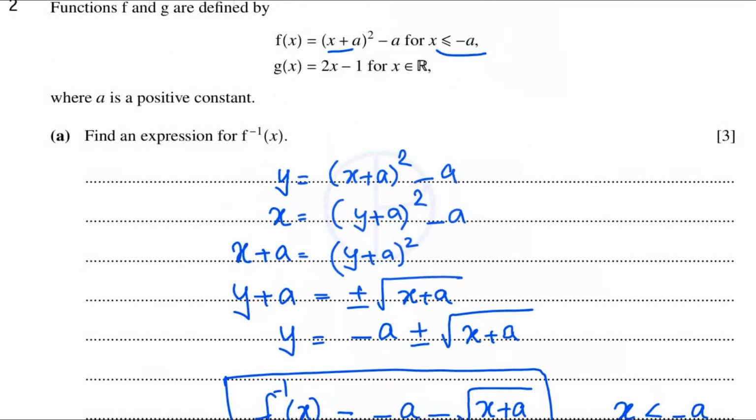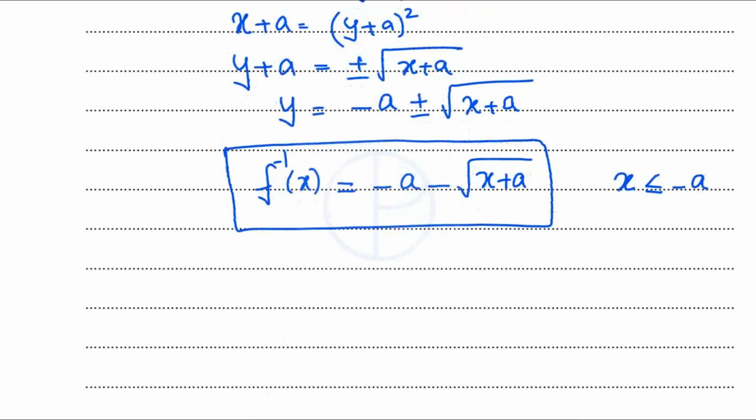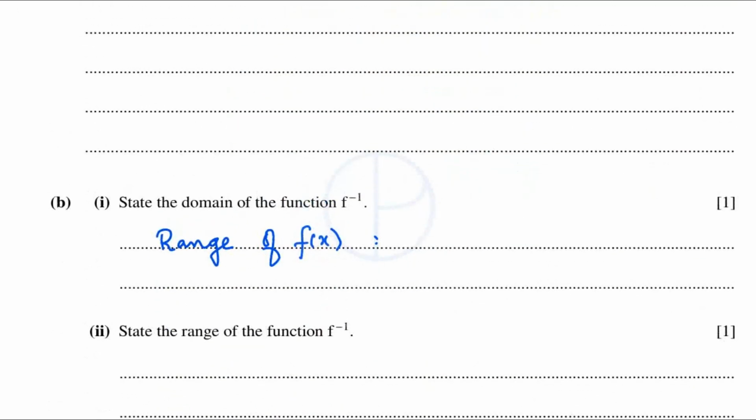And for any other value, (x plus a) the whole squared will give some positive value. So you will get f of x greater than or equal to negative a. So the range is f of x greater than or equal to negative a.